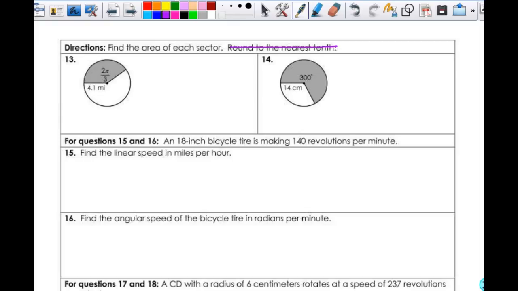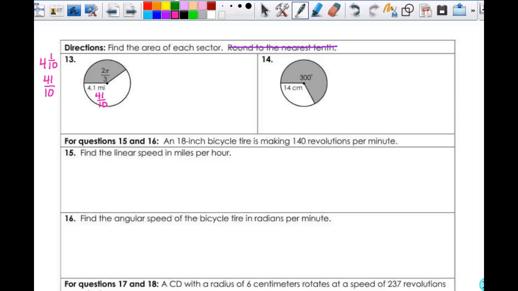So this 4.1 can be changed to 4 1/10. So 4 1/10, and then that is going to be 4 times 10 is 40, plus 1 will be 41 over 10. Okay, which should make sense for that too. Just sometimes they reduce, but we've got 41 over 10.